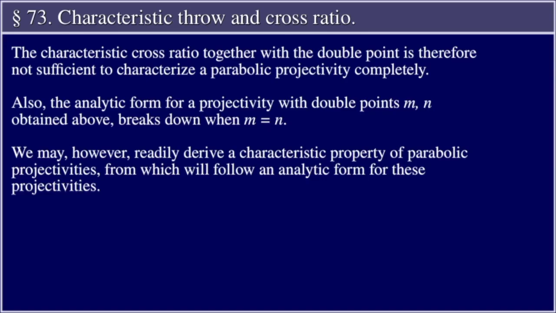The characteristic cross ratio, together with the double point, is therefore not sufficient to characterize a parabolic projectivity completely. Also, the analytic form for a projectivity with double points M, N, obtained above, breaks down when M is equal to N. We may, however, readily derive a characteristic property of parabolic projectivities from which will follow an analytic form for these projectivities.